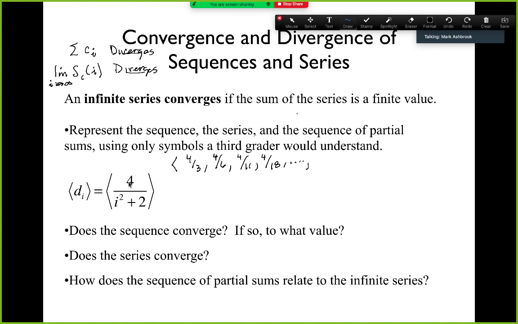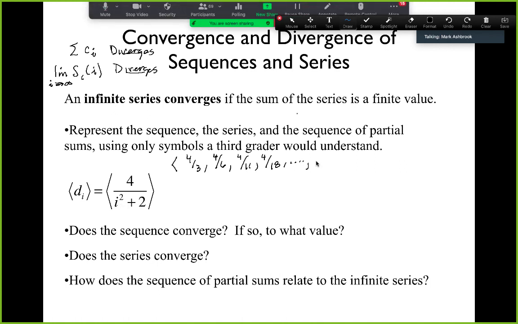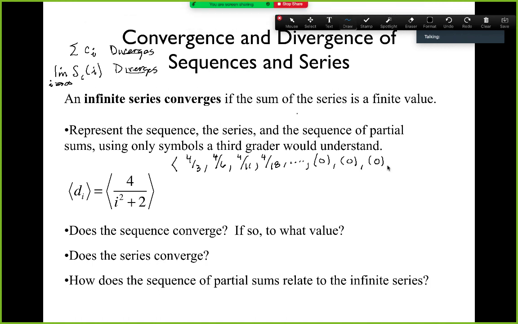Yep, so this one is another rational function. The degree of the denominator is bigger. So when you get out to the millionth or the billionth or the trillionth term, you'll be essentially 0. Not technically exactly 0, but so close to 0 that for practical purposes it's the same, and then even getting still closer than that. Infinitely.